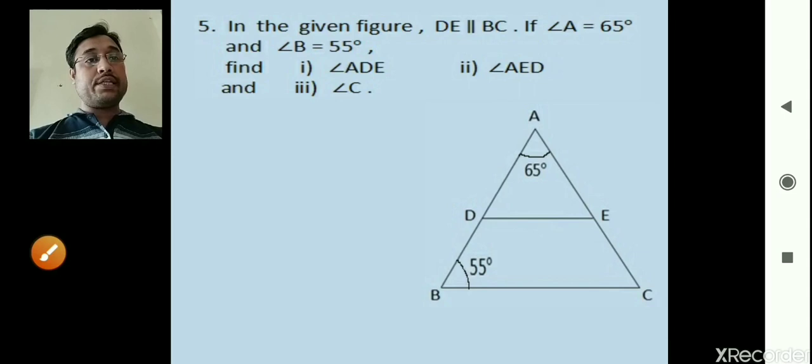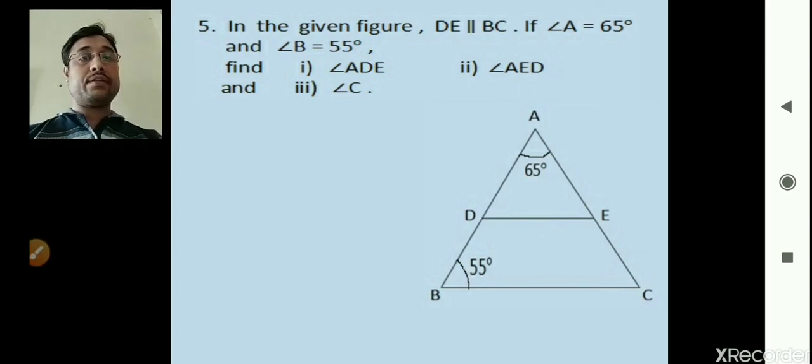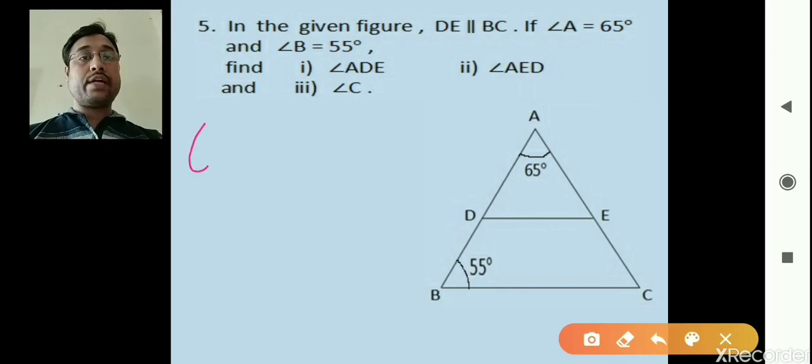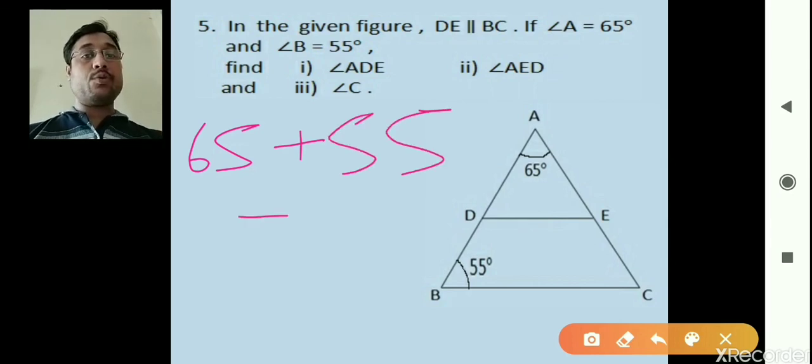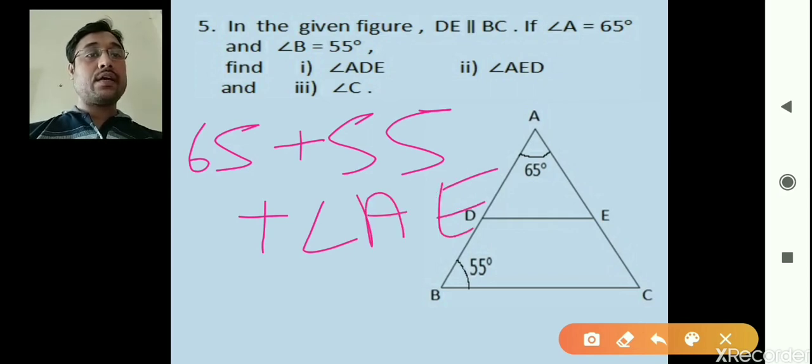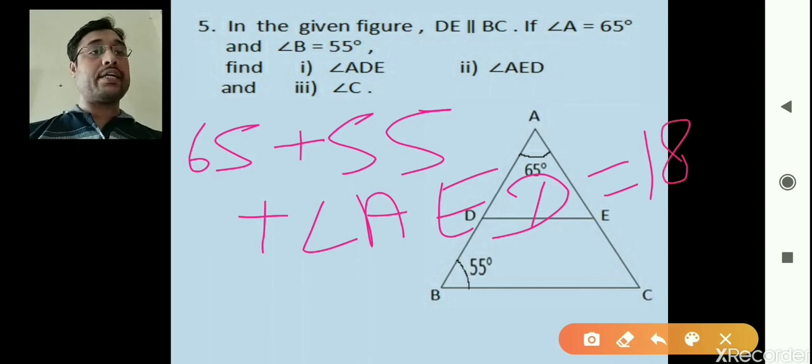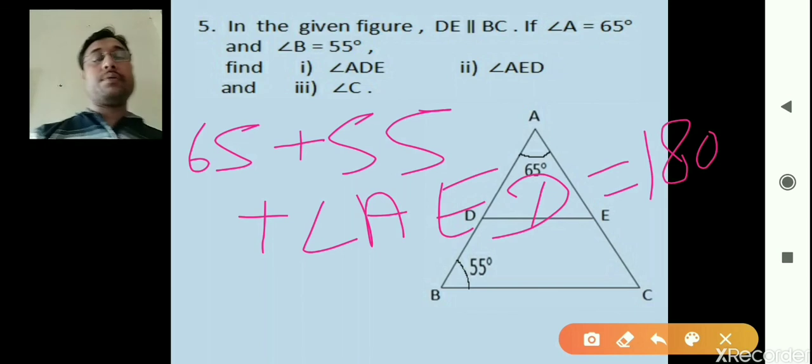If you see the triangle ADE, then angle A is 65 degrees, angle ADE you have got 55, and angle AED. That sum will be equal to 180 degrees. Then solving this equation you can find the value of angle AED.